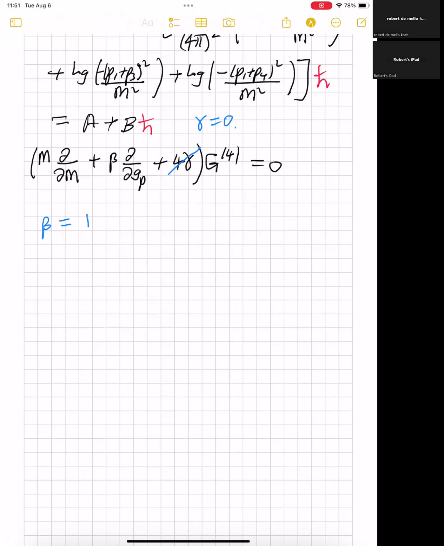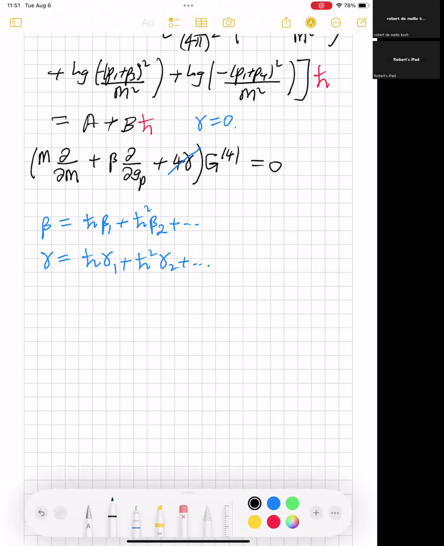And in fact, the beta function starts off with h bar beta 1 plus h bar squared beta 2 plus and so on. But I just want to stress that the beta function starts off with an h bar, and so does the anomalous dimension. So the fact that parameters in the theory run with scale is a consequence of quantum corrections. Okay.